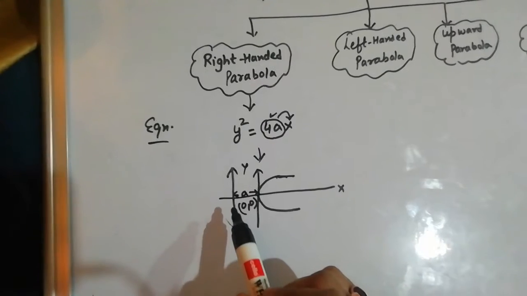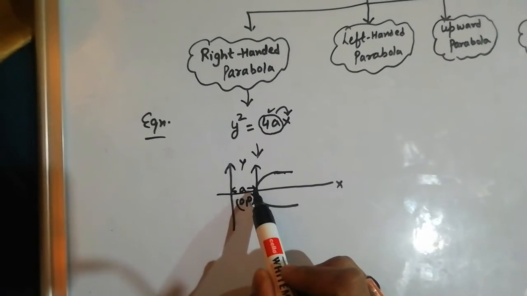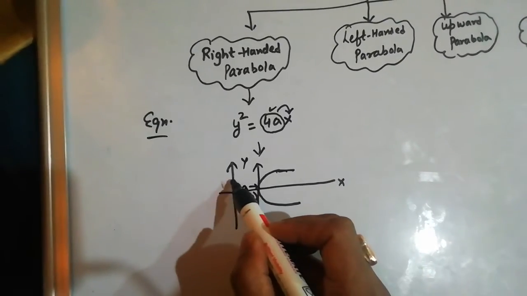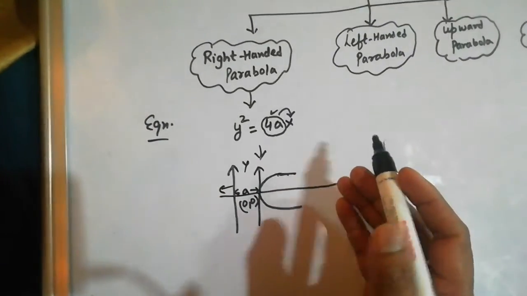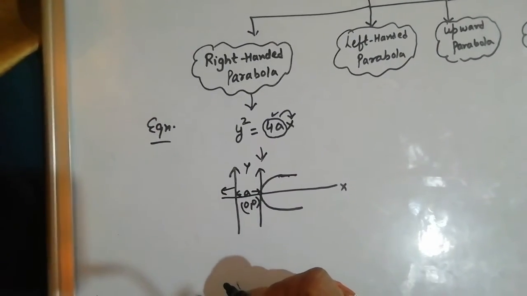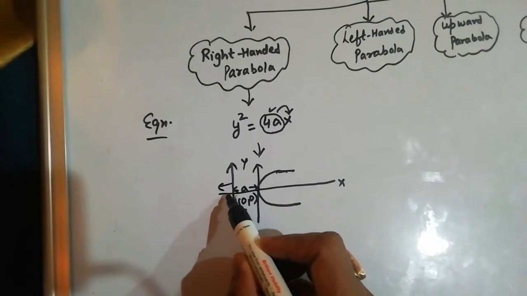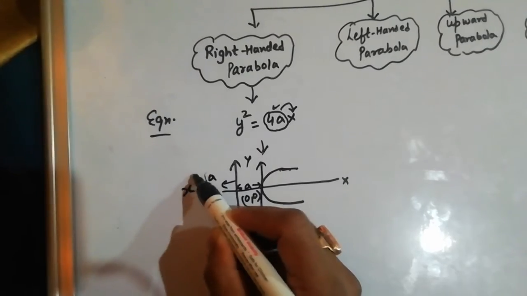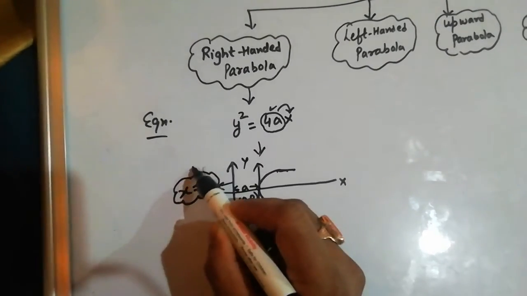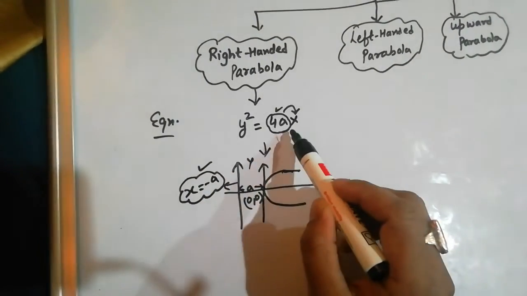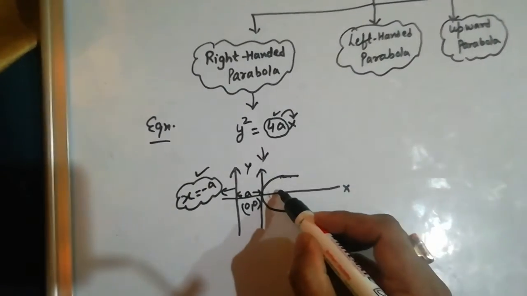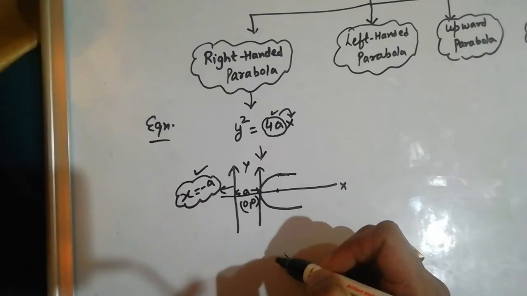You know, a line parallel to the y-axis is either x equal to a or x equal to minus a. This is for the left-hand side, so the equation of this line is x equal to minus a.